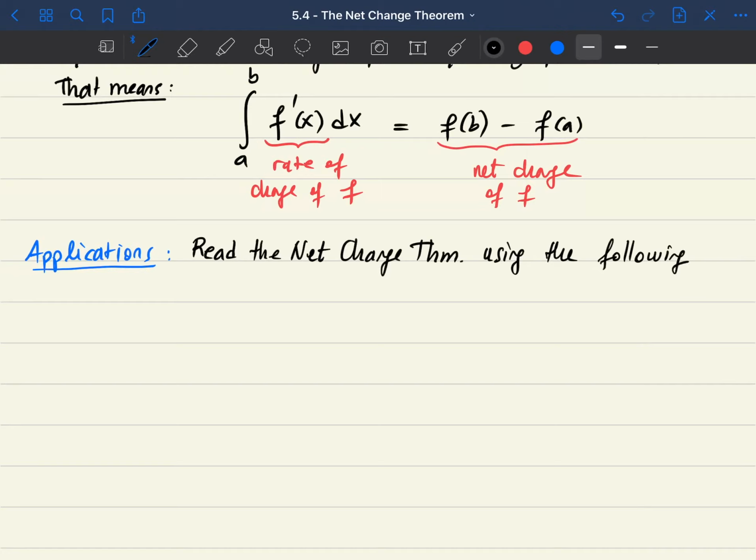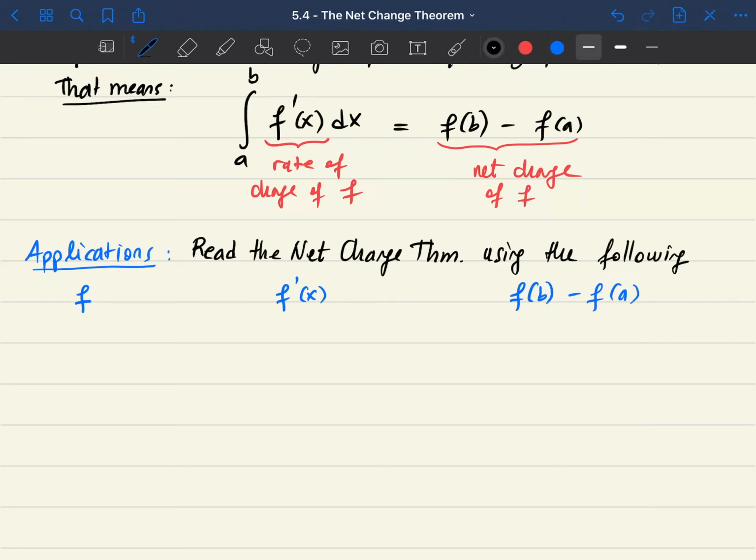Okay, so I have three quantities. I have f, then I have f prime, and then I have f of b minus f of a.